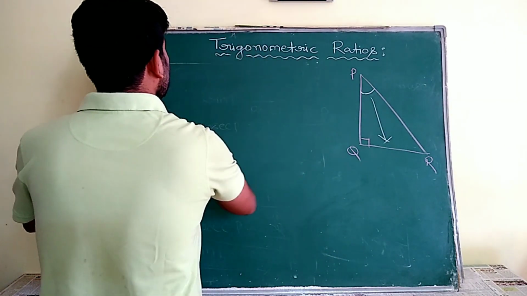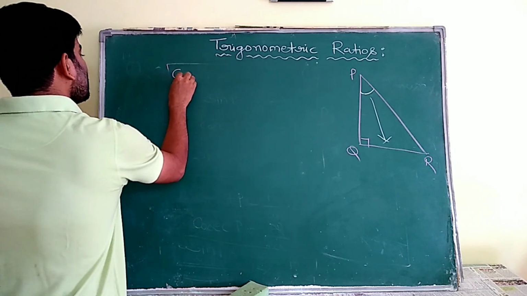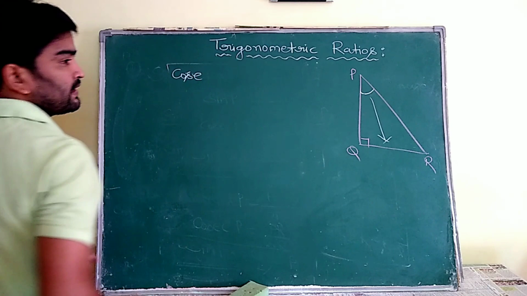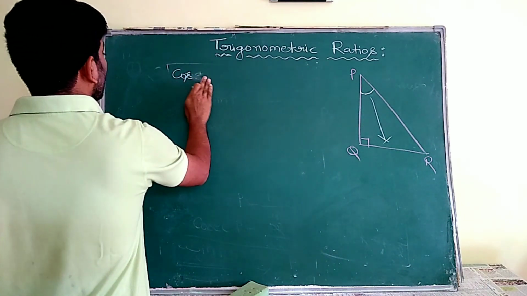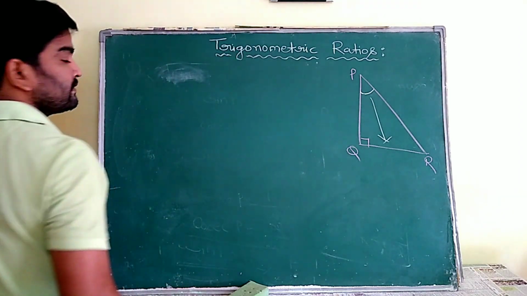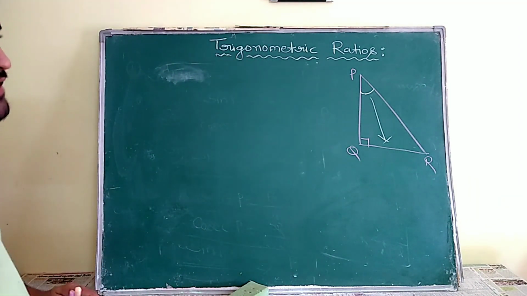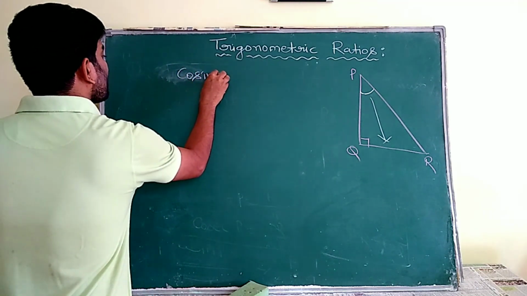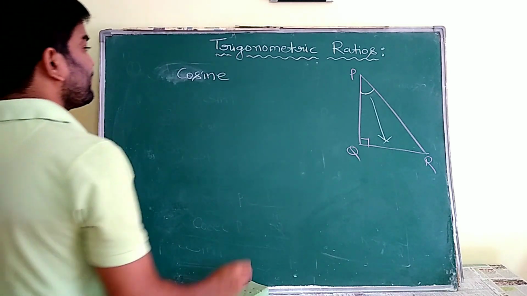In the second family, the first ratio is cosine.